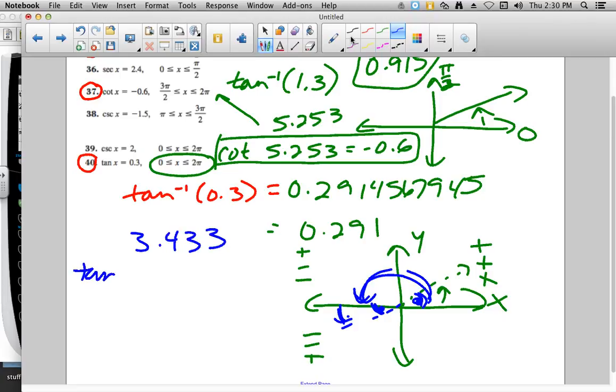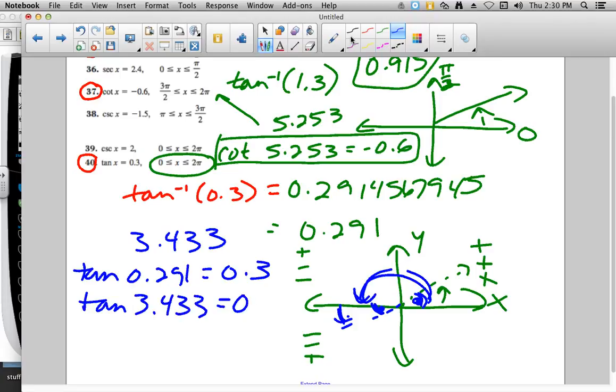So the tangent of 0.291 will equal 0.3, and the tangent of 3.433 will equal 0.3. Now those are the only two, because if we finish putting those signs for the quadrants in there, we see quadrant 4, tangent would be negative, and it needed to be positive. So that's it for these.